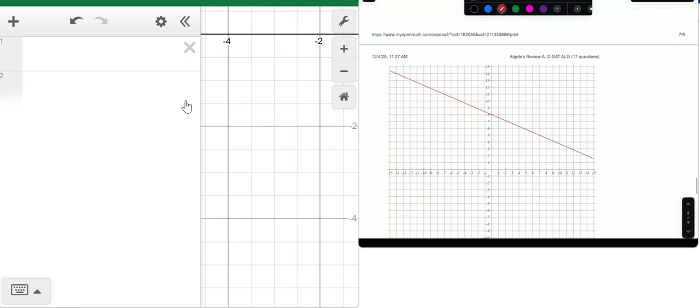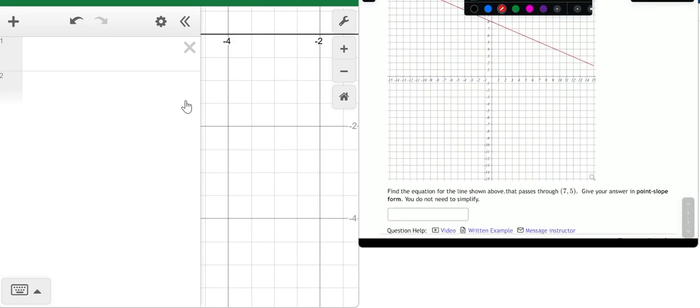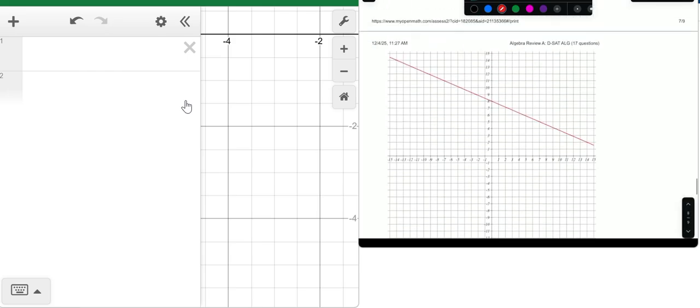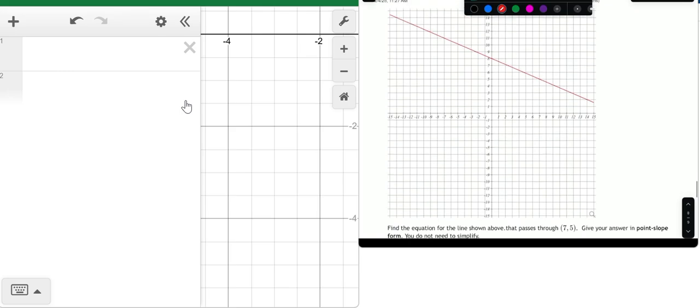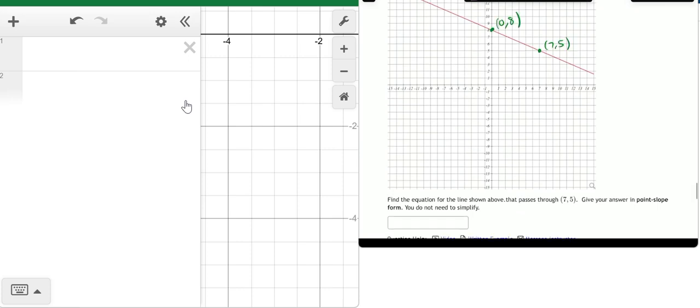All right. Find an equation that passes through this point here, 7, 5. So if we plot the point 7, 5, we see this. And notice it's asking for point slope form.